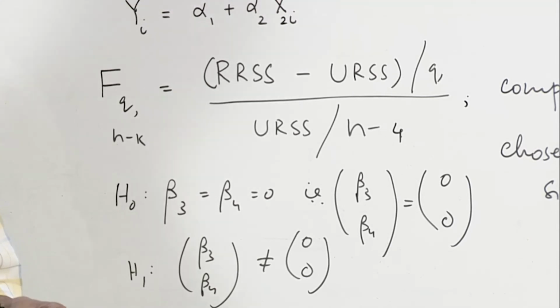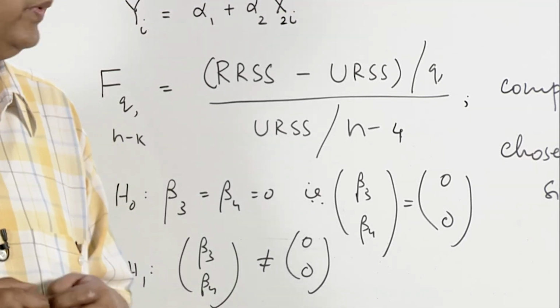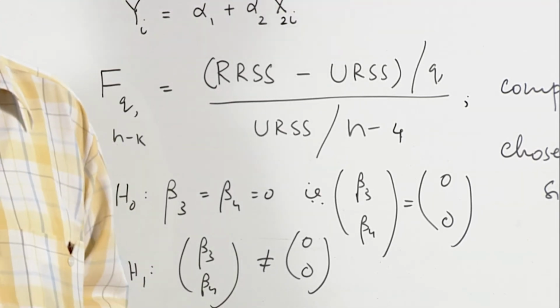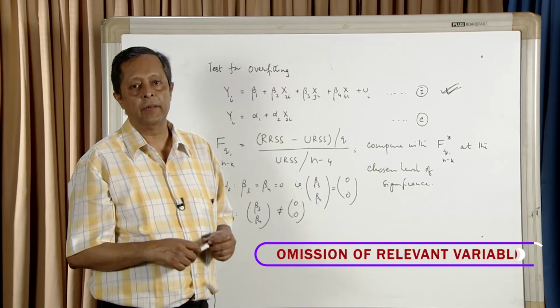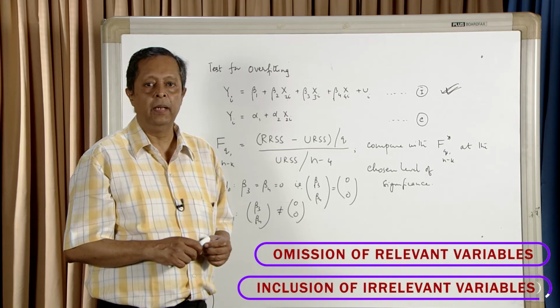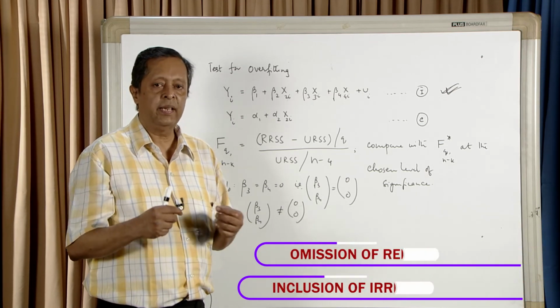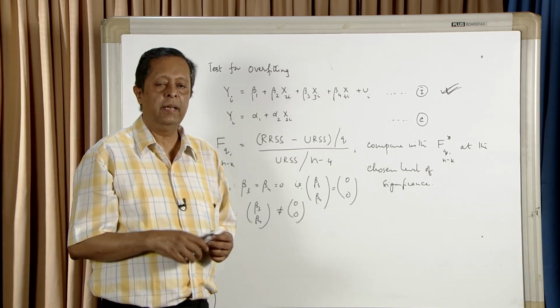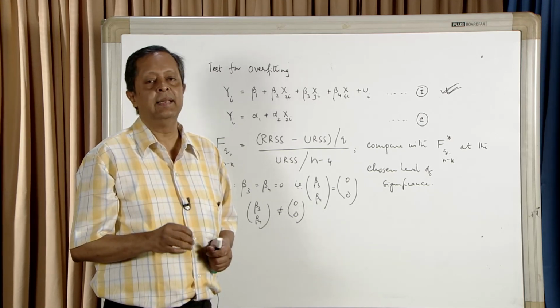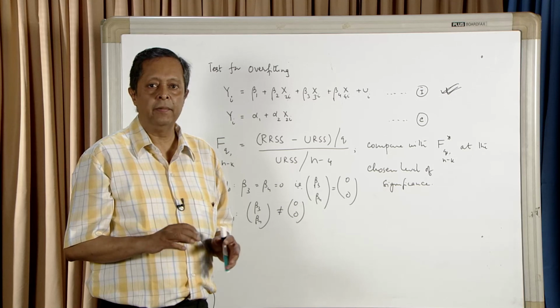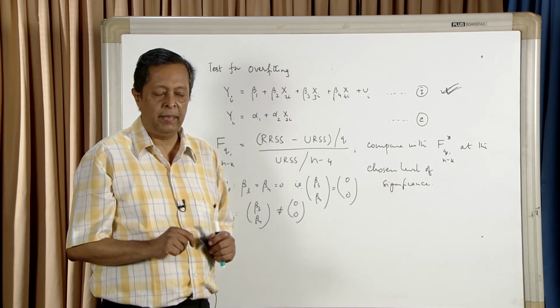So, that, viewers, concludes this module, where we have studied two basic forms of specification errors, namely omission of relevant variables and inclusion of irrelevant variables. Once again, to summarize the points, if there is omission of a relevant variable, then the estimate is biased and the variances are also not properly estimated.